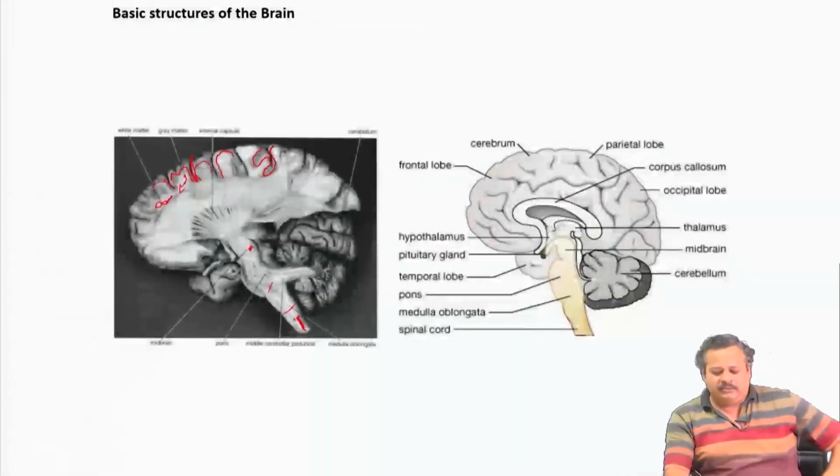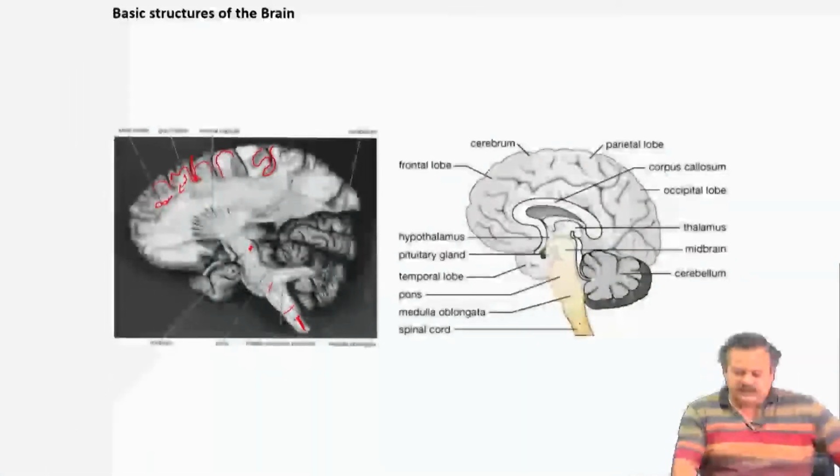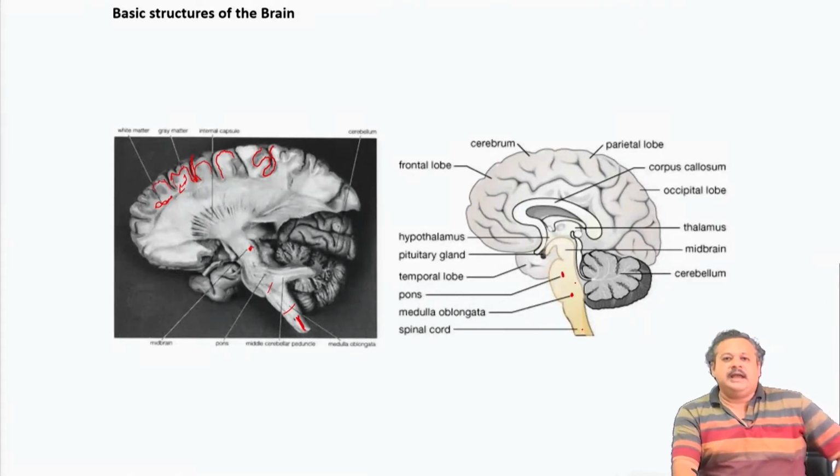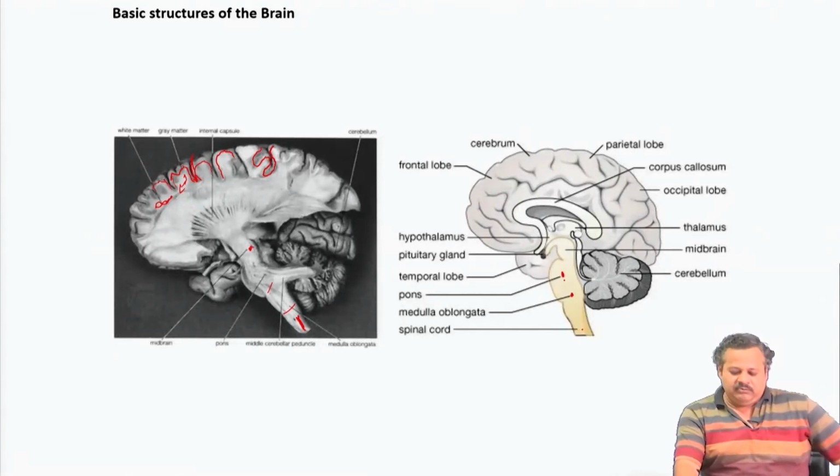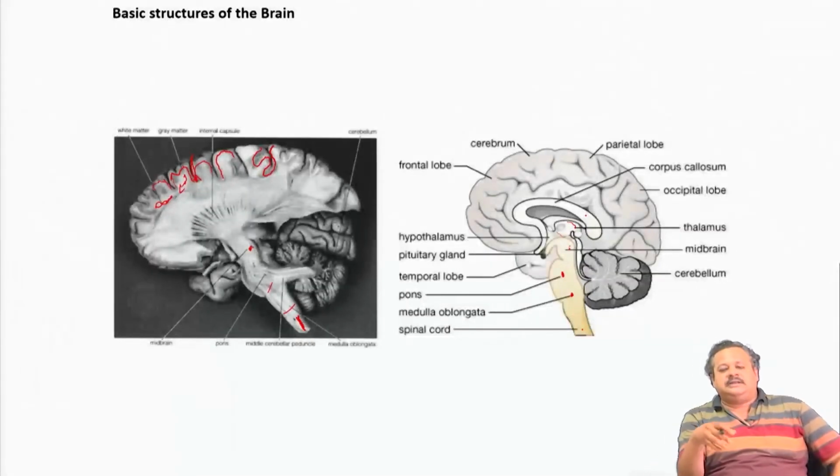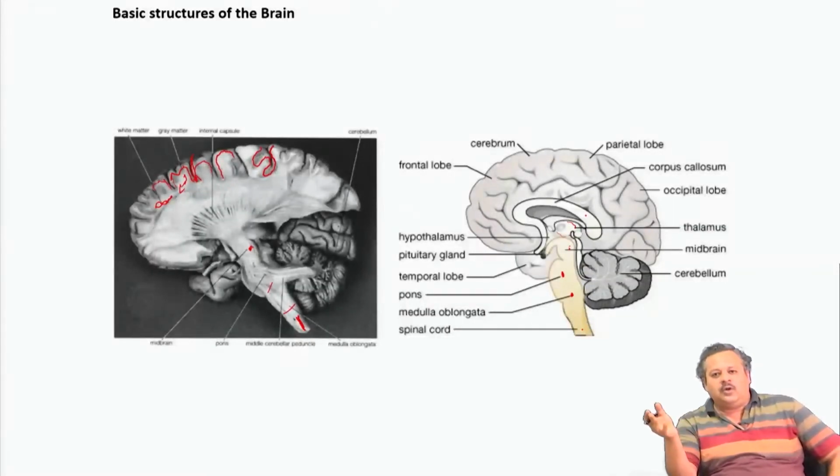If we look at the picture on the right hand side, it is more clear with the medulla oblongata and the pons in this brainstem region, and the midbrain ends where the thalamus starts off in the center, and this thalamus is the gateway into the cortical region.